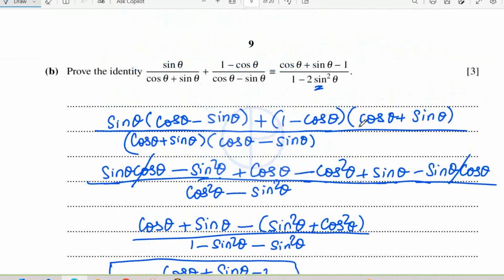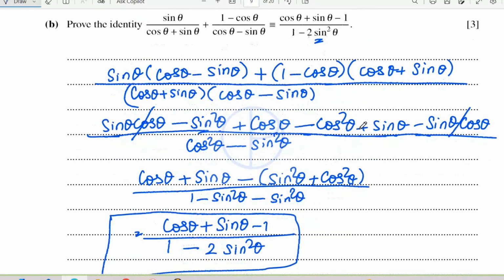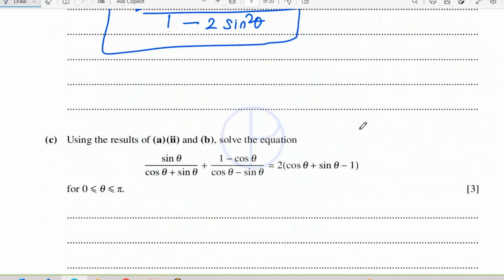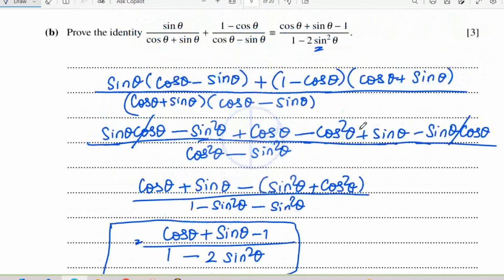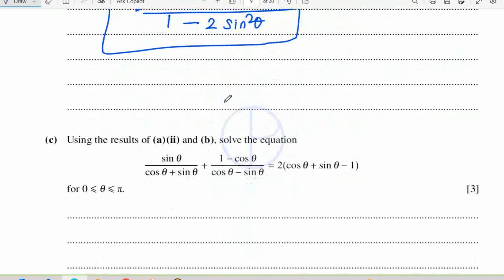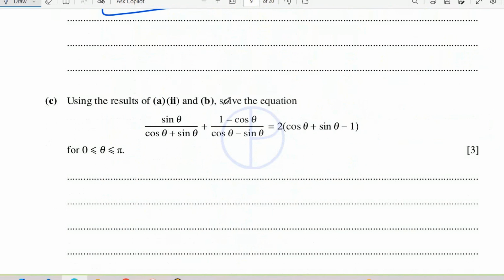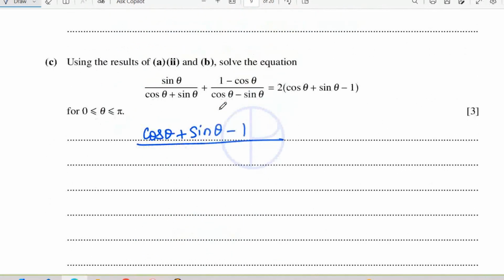Then B part, it is given this is equal to cos theta plus sin theta minus 1 divided by 1 minus 2 sine square theta. From this part, we will write this left hand side expression as cos theta plus sin theta minus 1 divided by 1 minus 2 sine square theta.